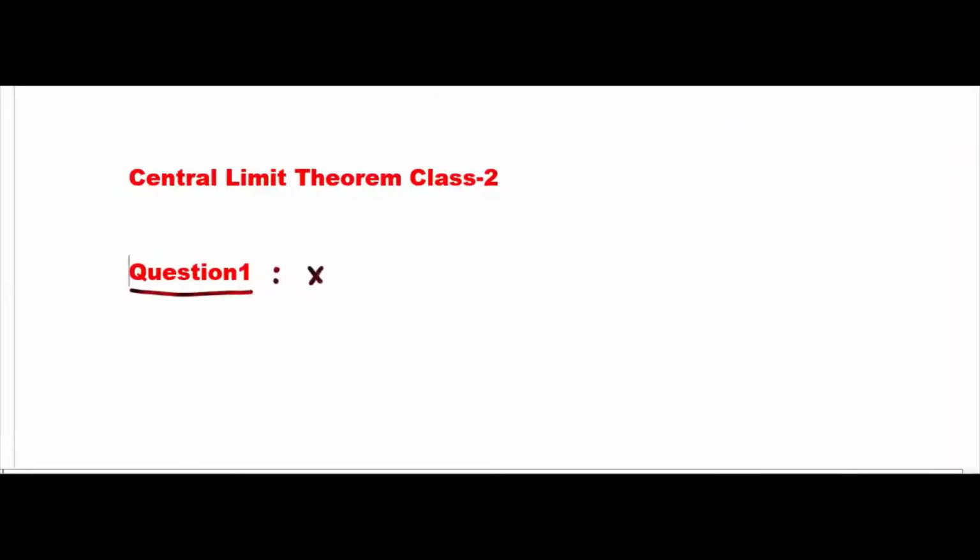Suppose x follows any distribution, I will write exponential, x follows exponential 0.4. What is the probability that x is greater than 2? I want to find this one. We can find directly.